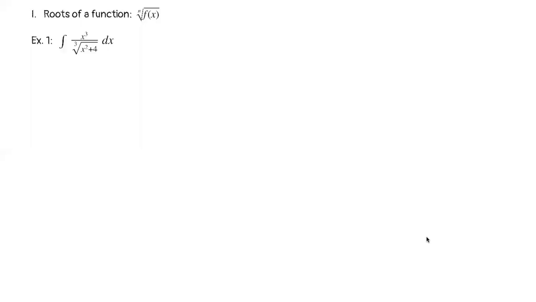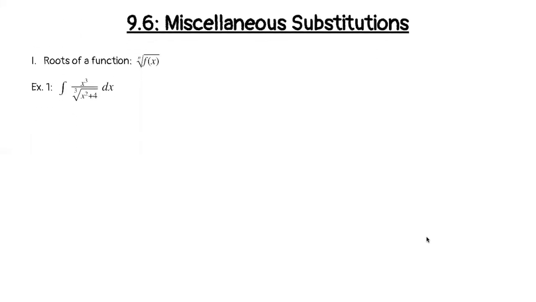All right, so I'm gonna go ahead and share my screen now so that we can take a look at the 9.6 notes. Okay, so for 9.6, this is a section called Miscellaneous Substitutions.